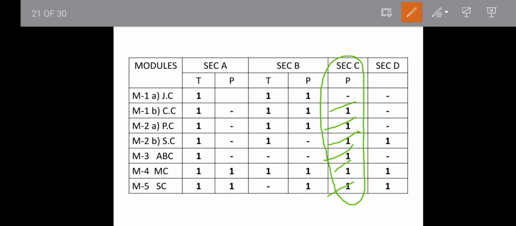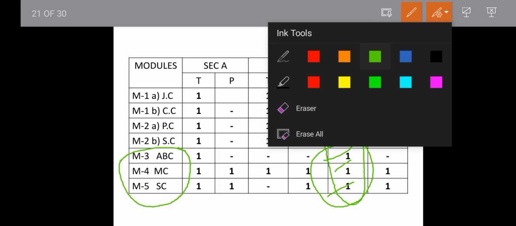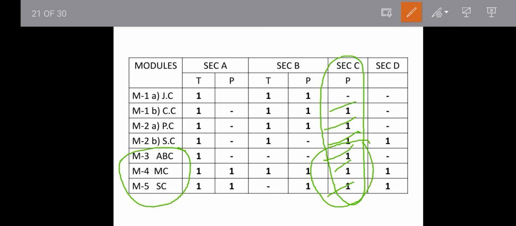I request you to study only these 3 chapters, that is ABC, marginal and standard costing, because these 3 chapters will fetch you the numbers as far as 10 marks are concerned.